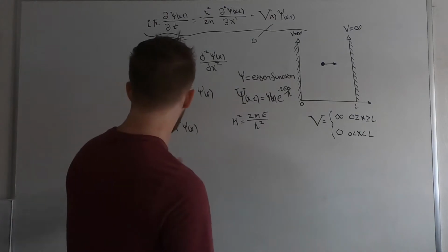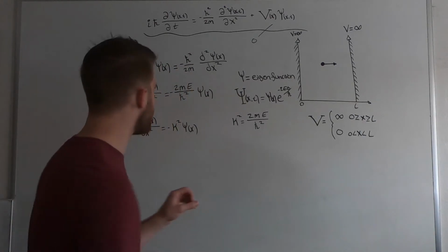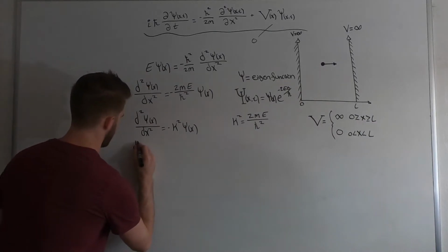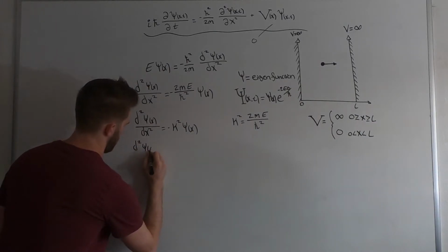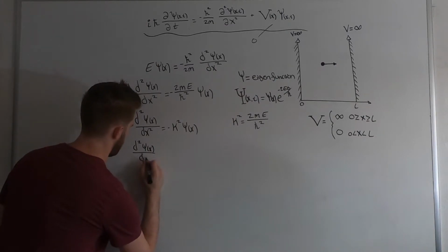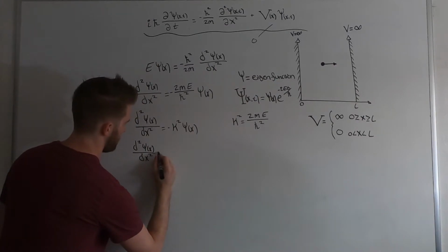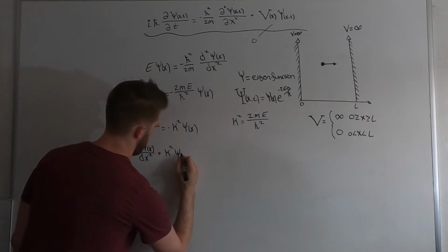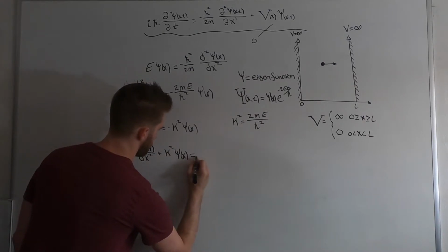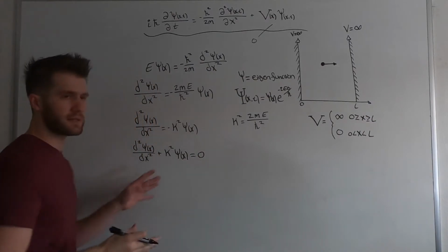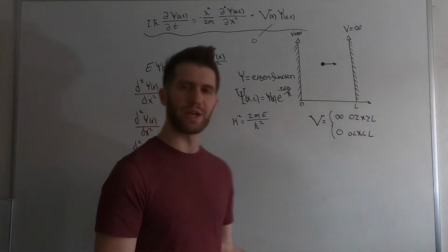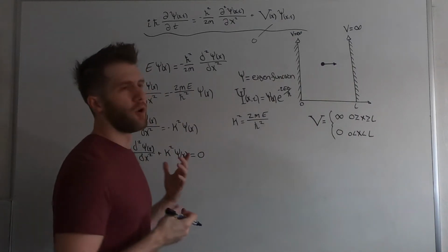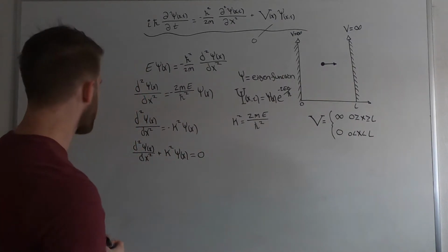Now we bring this all over here, and we have d squared psi of x over dx squared plus k squared psi of x equals 0. If you've had some experience in differential equations, all we have here is a linear, homogeneous, ordinary differential equation. Pretty easy to solve.